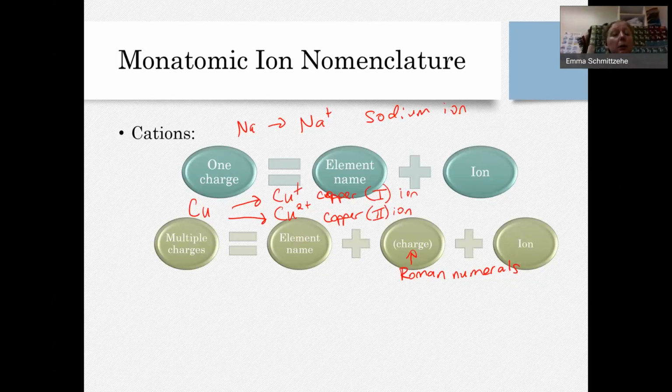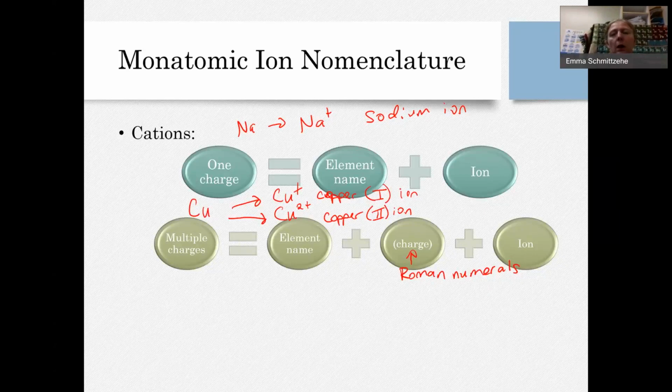Now, it can be tricky to know which of these systematics to use to name the particular cation I'm given. Well, that's where the periodic table will come in handy. There are different areas of the periodic table where elements tend to form only one ion, and areas where they tend to form multiple. So it's helpful to look at periodic tables that have ions shown on them so you can get an idea of those patterns.